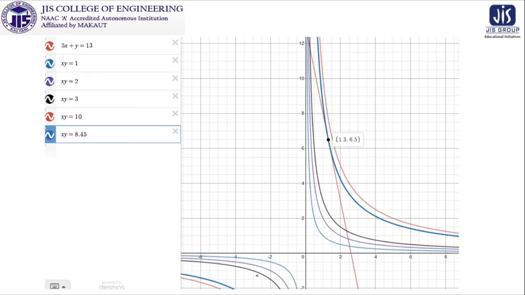So what is my target over here? xy is our objective function. Please try to visualize, and our restriction is 5x plus y is equal to 13. So this is drawn in Desmos platform.